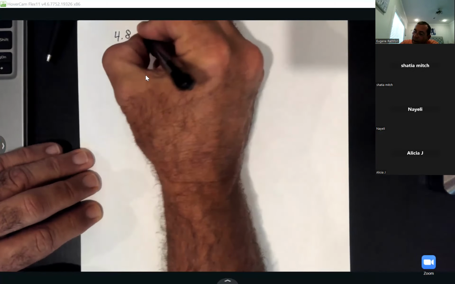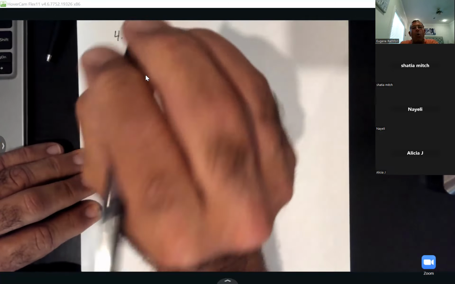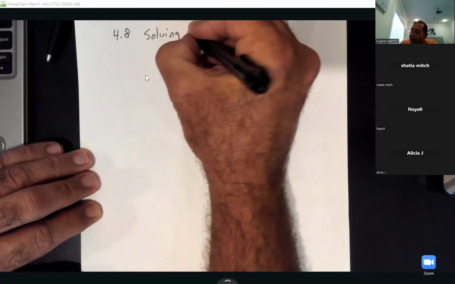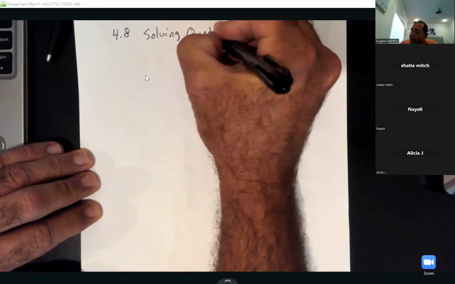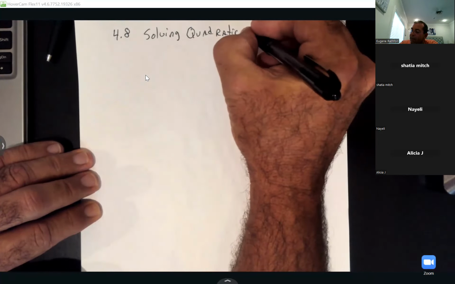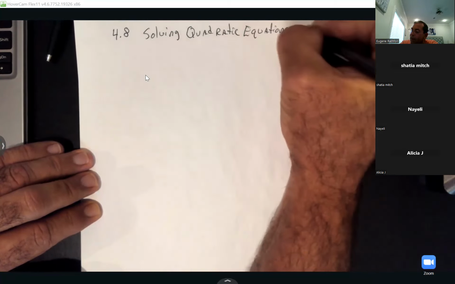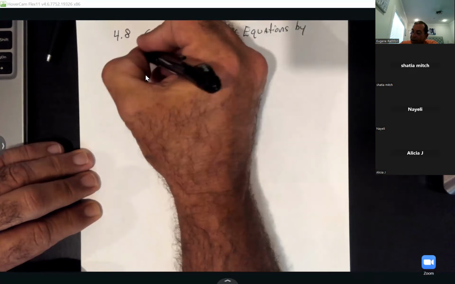And we actually call these quadratic equations because they got those x squared terms. So we're going to be solving quadratic equations by factoring.